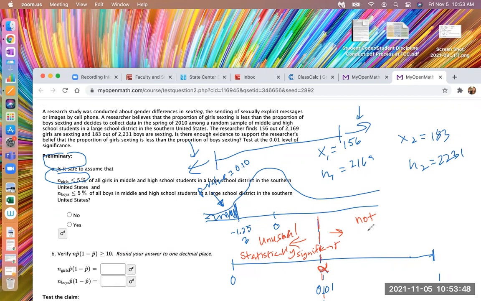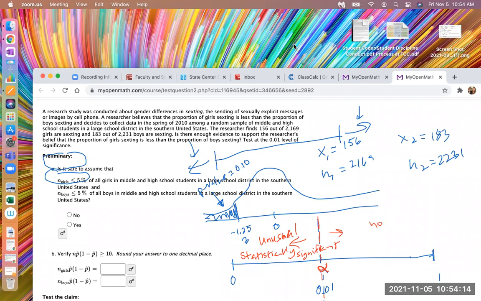If it's not unusual, this is my blue region, so I'll write it here. If it's not unusual, then we don't reject the null hypothesis.